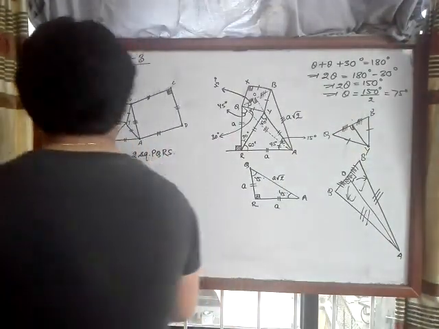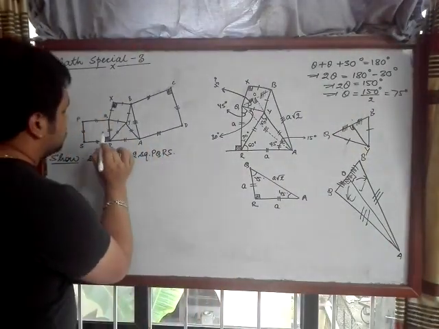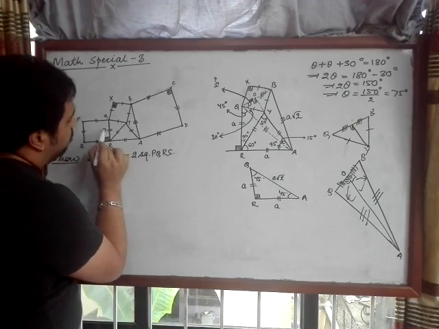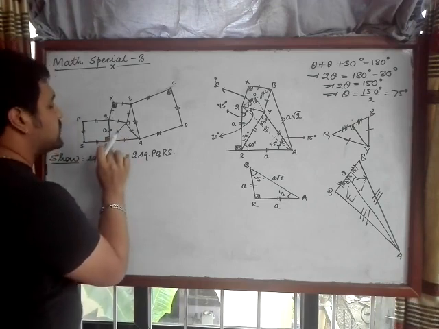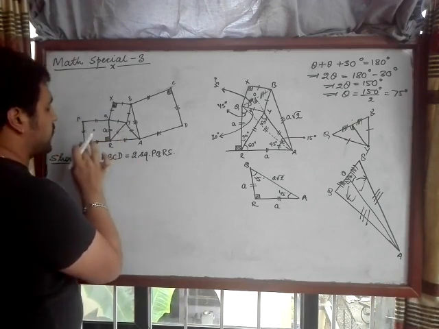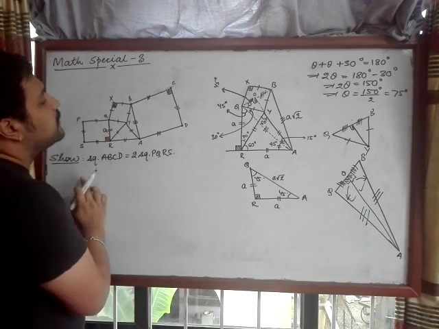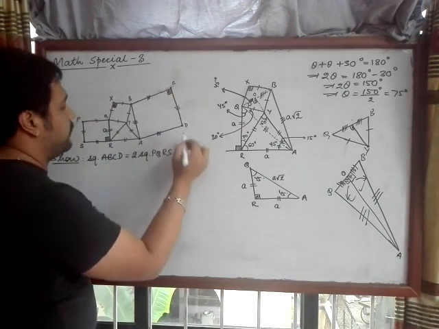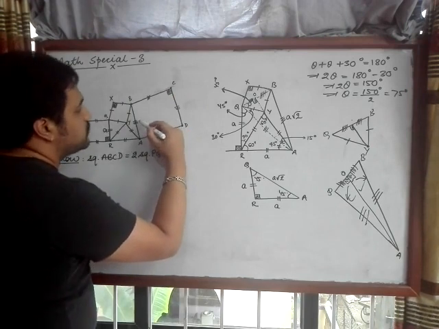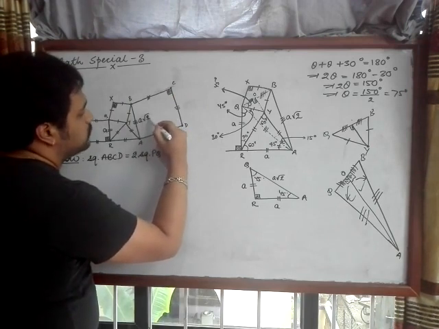Hence, what we got is that in the original diagram, if the side of square PQRS is A, then the side of this square is A root 2.